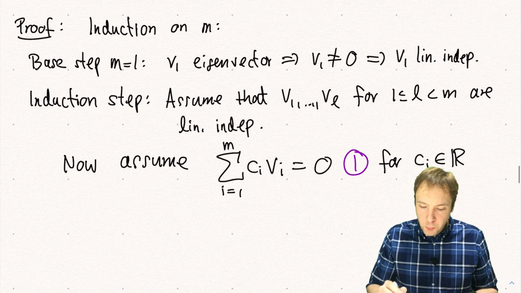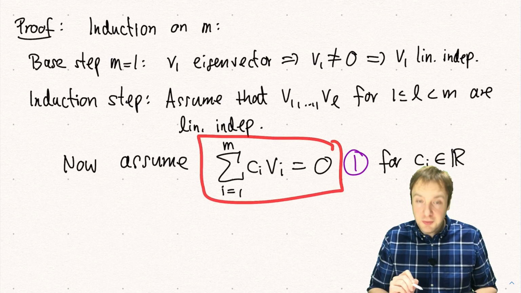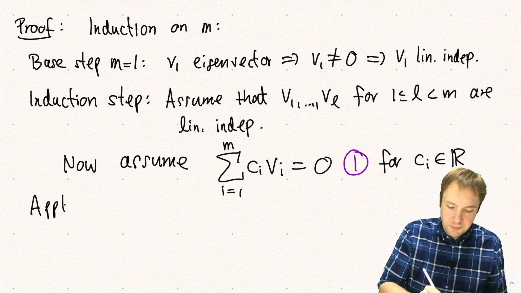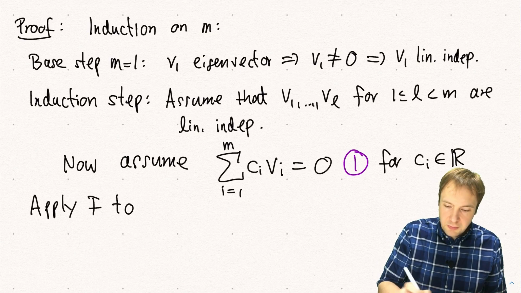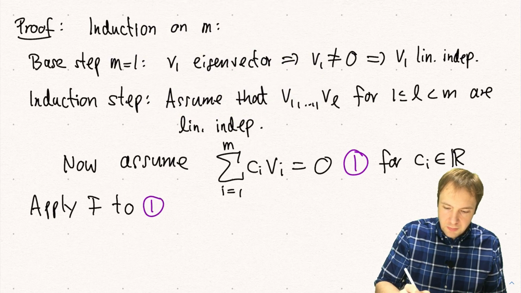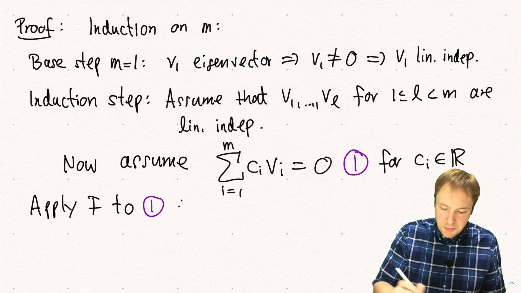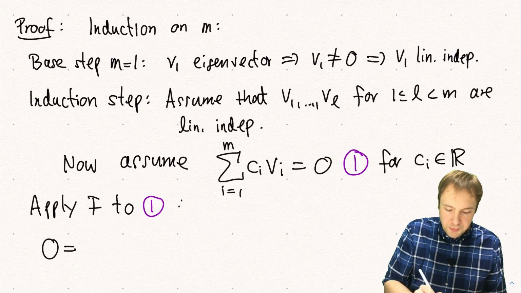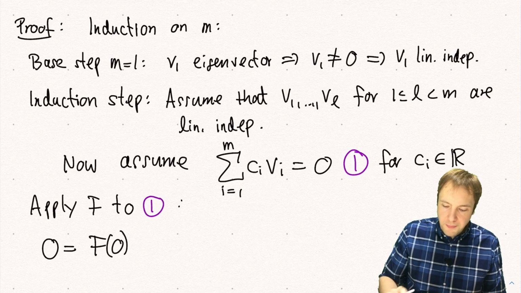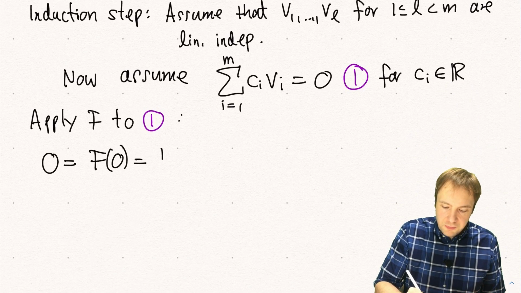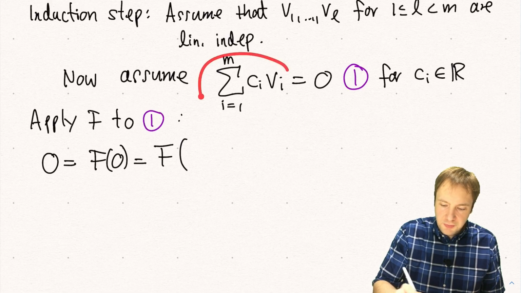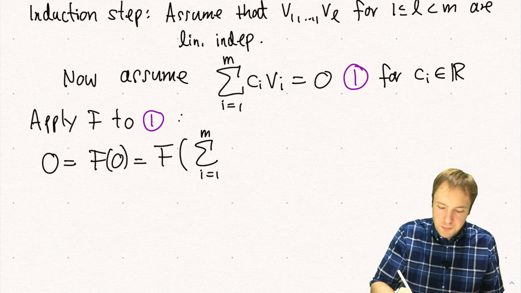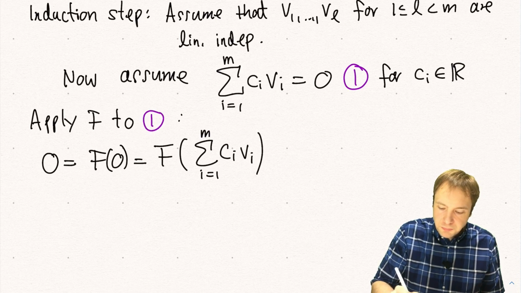And now we will apply our linear map f to this equation. f of 0 is 0, so we have 0 equals f of 0 equals f of this sum, i goes from 1 to m, ci vi.